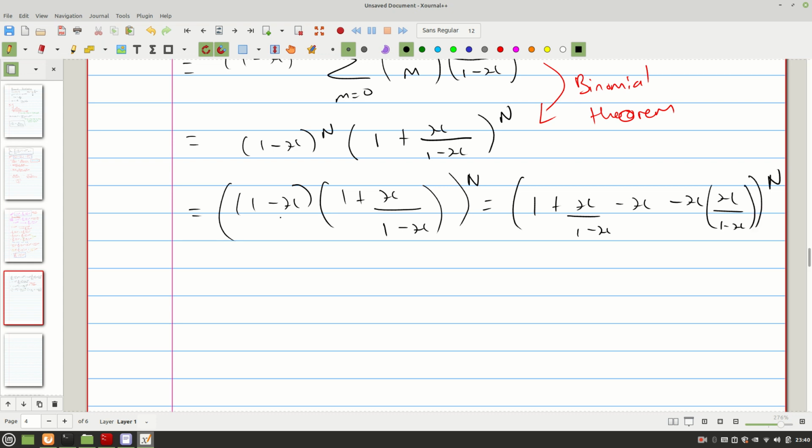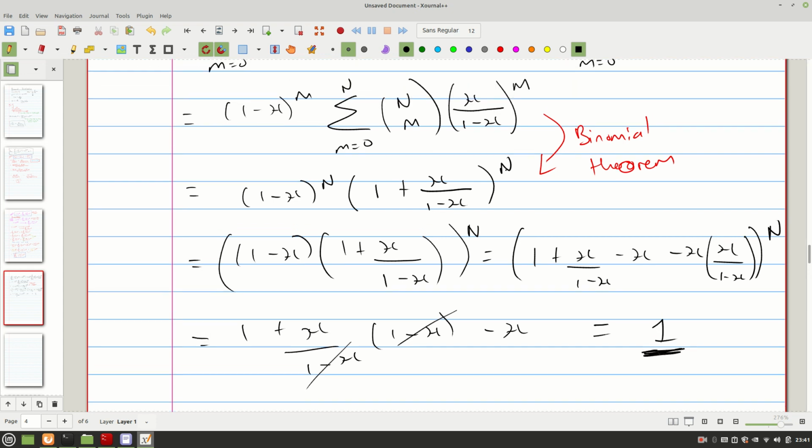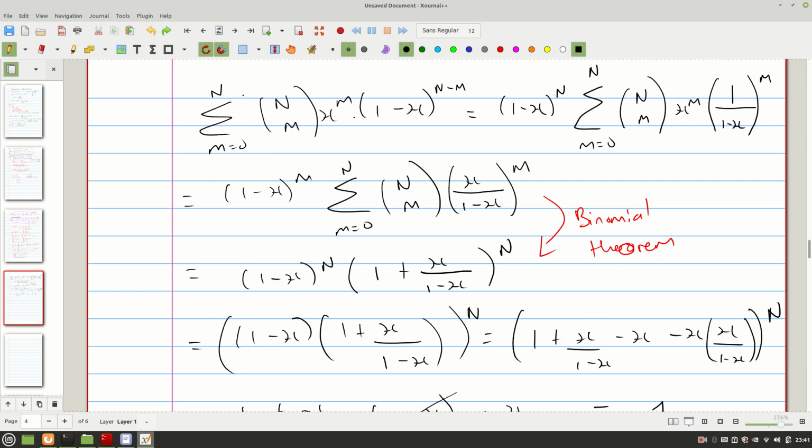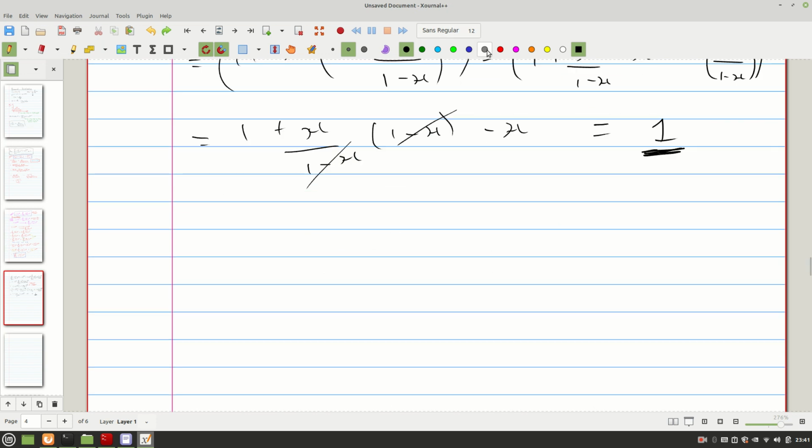We just multiply out each and every one of those terms, and this should give us 1 plus mu over 1 minus mu times 1 minus mu. We're just collecting the similar terms here and factoring out 1 over 1 minus mu, and the mu's cancel out, and this is equal to 1. So we have actually proven that this sums up to a value of 1. Okay, great.